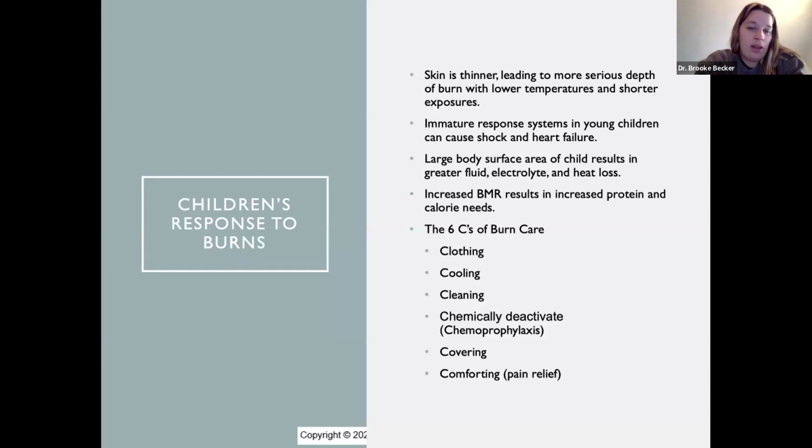Covering that area with a dressing, and then pain relief, comforting. Burns are extremely painful, so kids with burns in the hospital are likely going to be on IV narcotic pain medications.